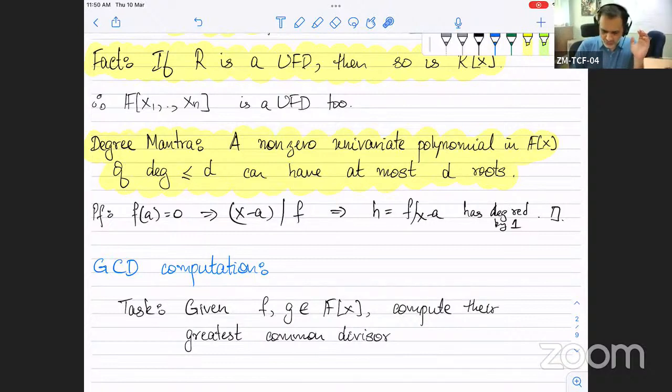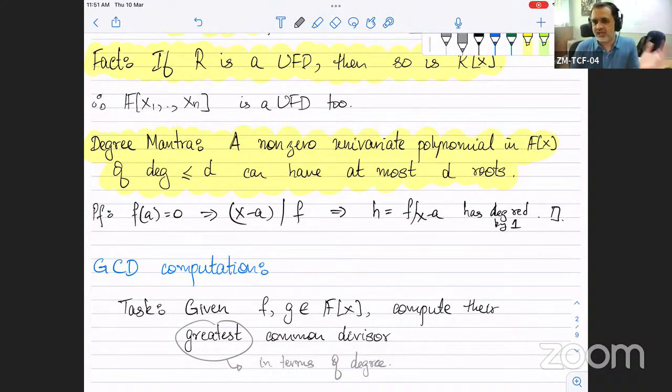We just want to know among the factors of f and g, what is the greatest common divisor? Here, by greatest I mean in terms of degree. So we're basically asking what is the largest degree polynomial that happens to divide both f and g.